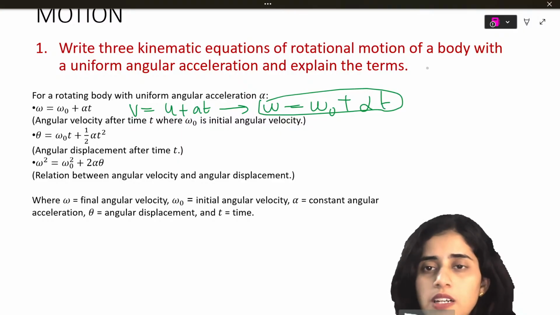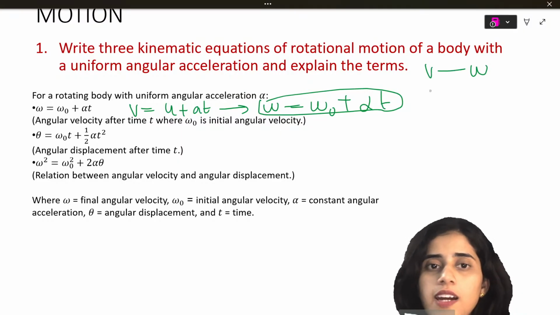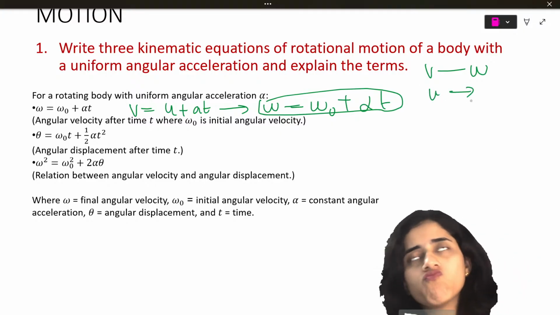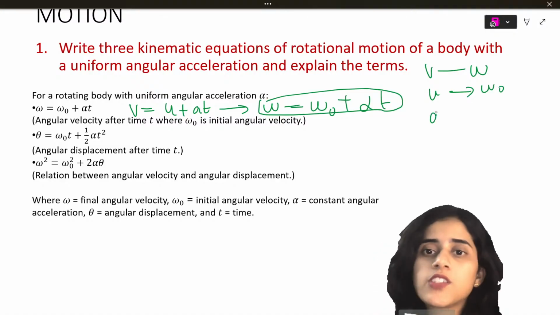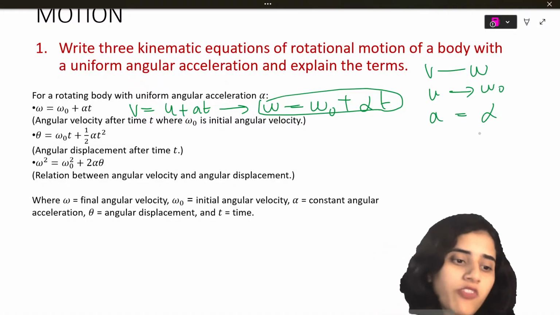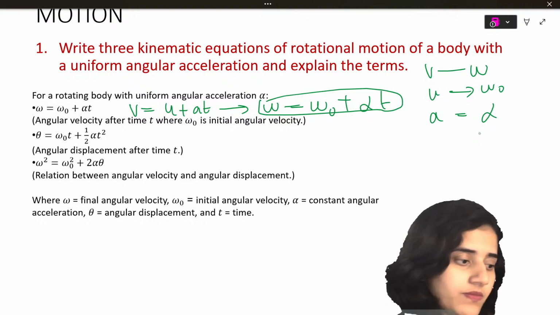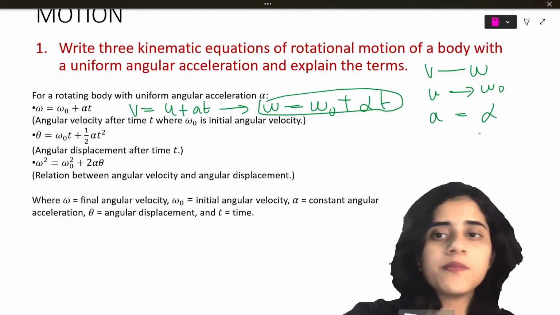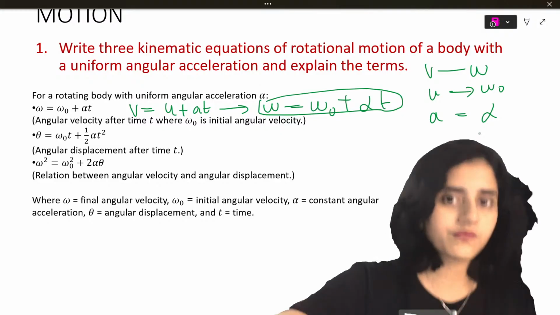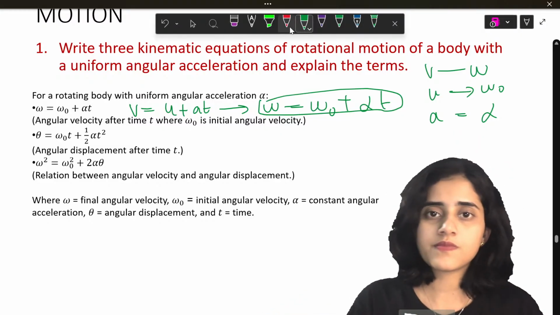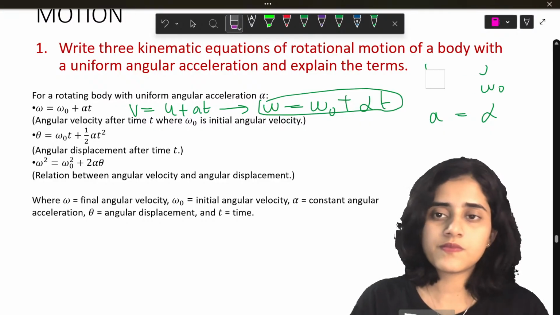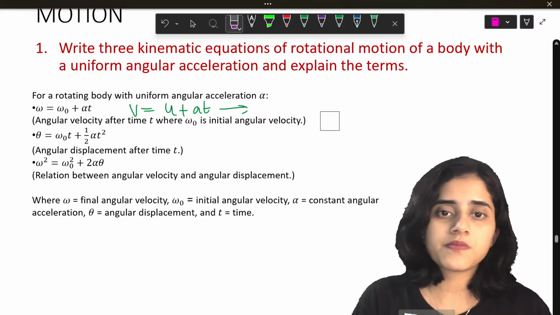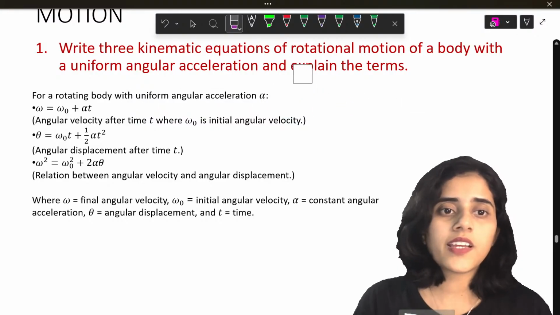Remember, instead of V, you write omega. Instead of U, you write omega naught. Instead of acceleration, you write alpha. Is that all right? Next.